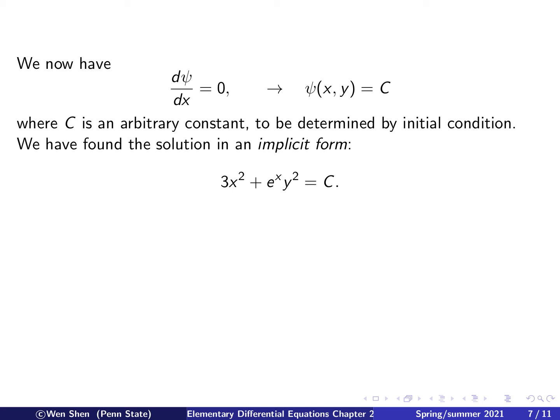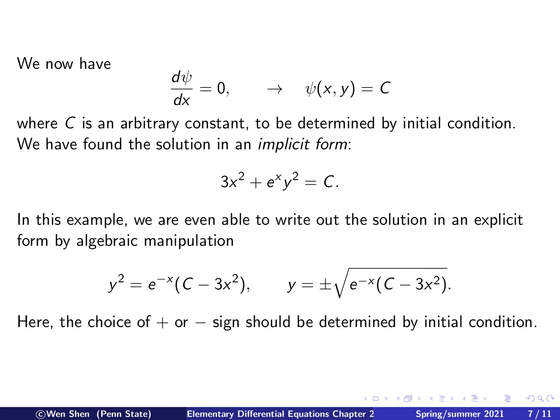So let's put in the function psi here, that's the psi, equal to the constant c. This is a relation that must be satisfied by y as a function of x if it's a solution to the problem.